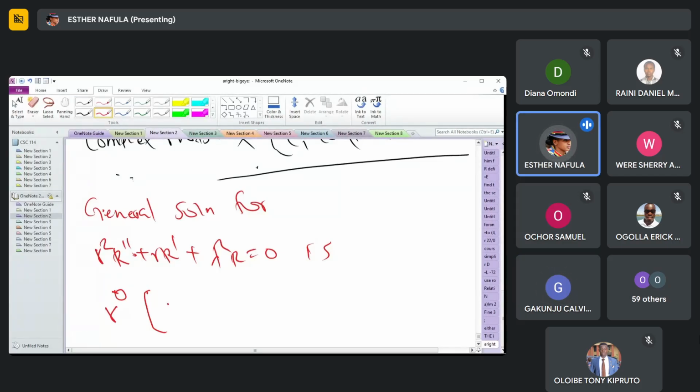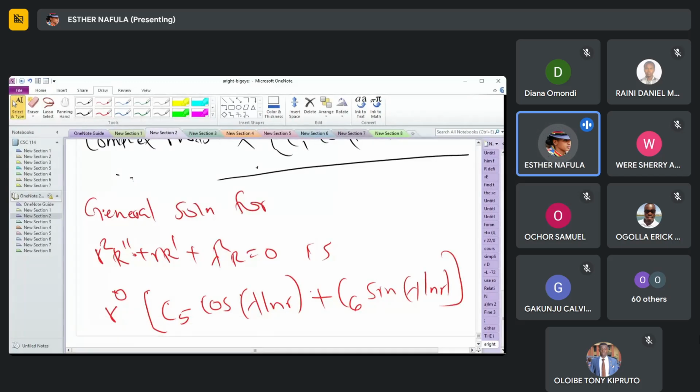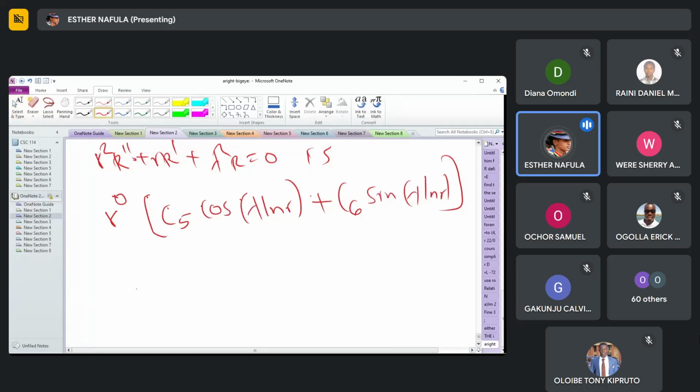We've already used C1 up to C4. We had to write this first for the sake of your colleagues. Some will not be able to tell that r to the power 0 was 1. So that's why we couldn't jump straight to the contents inside the brackets. We have to illustrate for them. C6 sin lambda ln r.